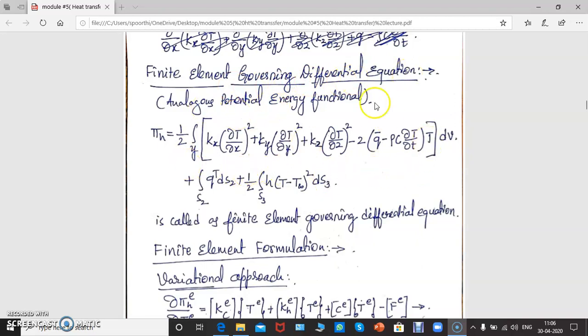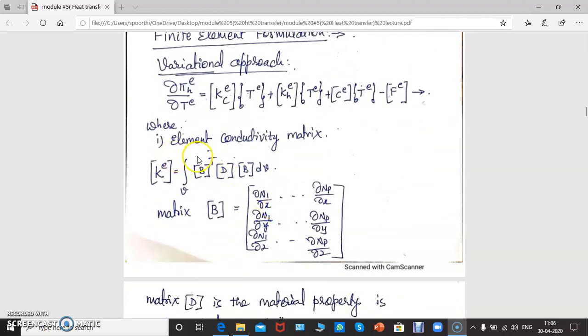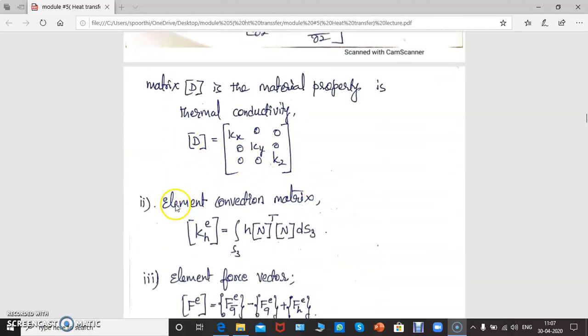Then we use one of the methods, called the variational approach, where you get the element conductivity matrix. This K is what is important, and it is given here as the integral of B transpose D B dV. What B is, is known, what D is, is also known, and there is another one, the element convection matrix.